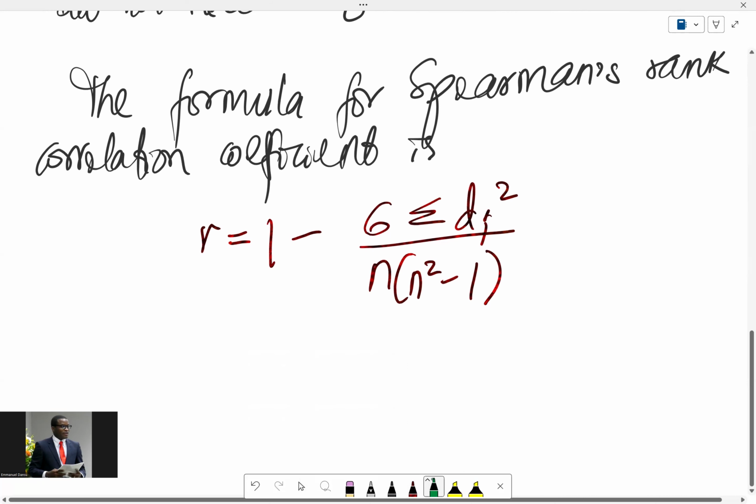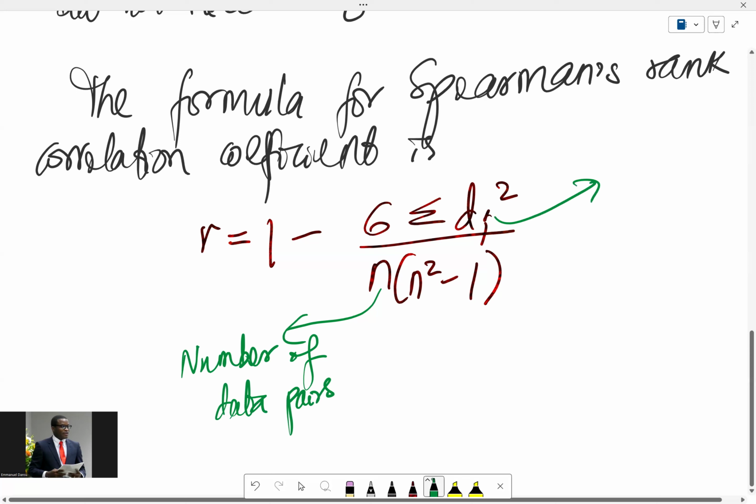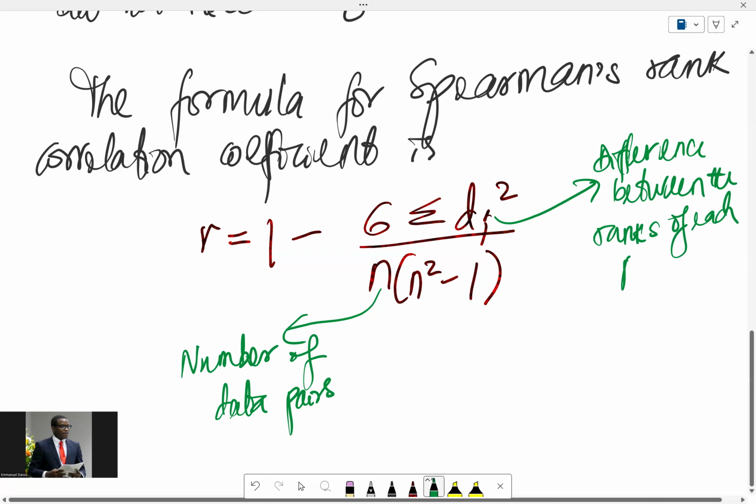So here, n is the number of data pairs, and di is the difference between the ranks of each pair. So ranking is the key thing here.